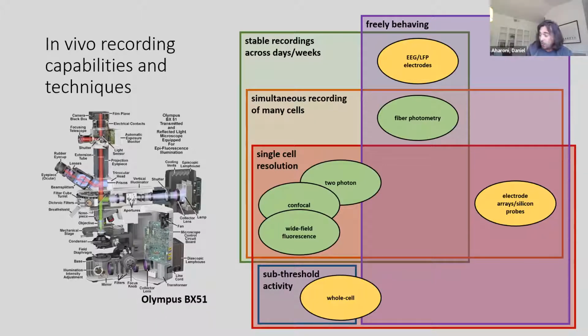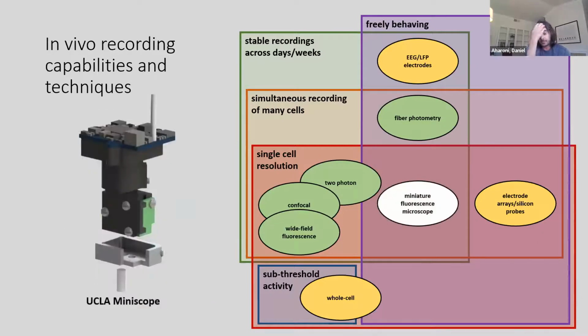But conveniently, there's this open spot in the middle of this table, and that's where our project comes in and a bunch of other miniature microscopes. We try to leverage all these advancements in these fluorescent reporters of neural activity getting better and brighter, but being able to do this in fully freely behaving animals.